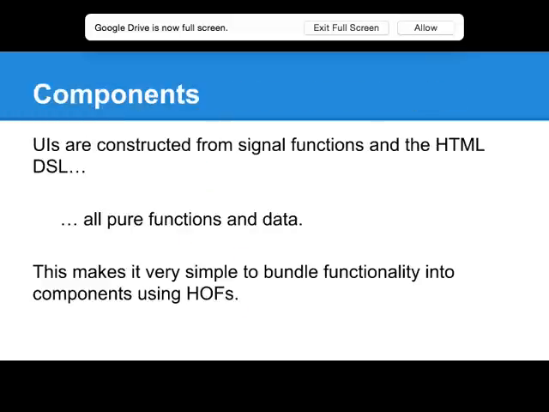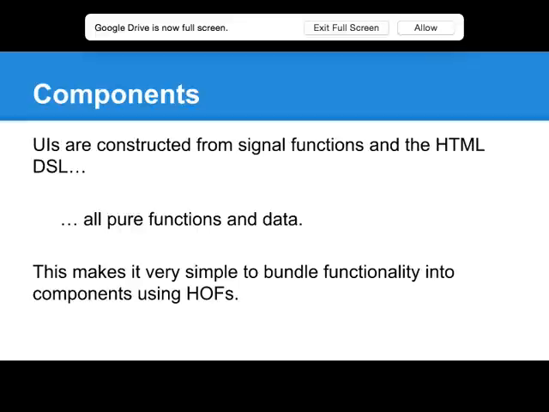Okay, so we said UIs. We want to talk about combining these things into components. UIs are constructed from signal functions, the HTML DSL, and every part of it was just described using pure functions and data. And that makes it really easy to bundle functionality. Let's say we want to take a component and make it reusable, or we want to write some mix-in functionality.